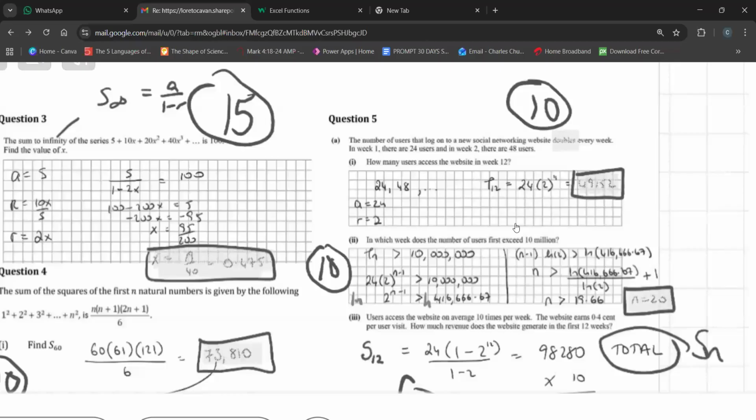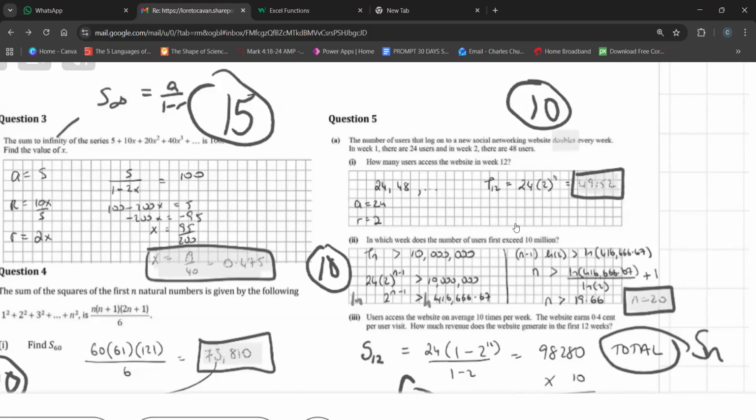So the first thing we see here is it says that the number of users that log on to a new social networking website doubles. If you notice the word double every week. They even gave you a scenario. In week one, there were 24 users. Well, you can take that to be your first term.